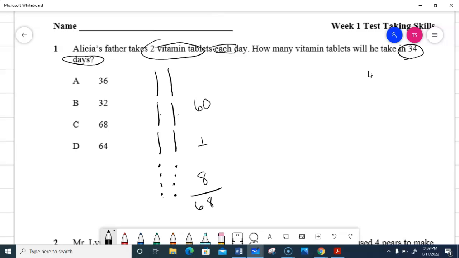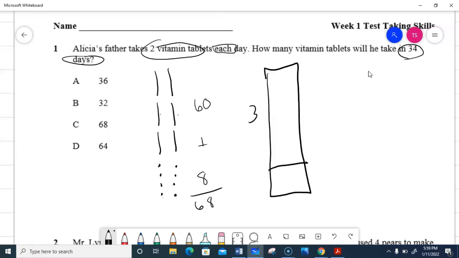Another way we could do it, we could do an area model, and my area model is going to look like this. It's going to look sideways. And that would be 30 plus 4. And then I've got 2 in each row.